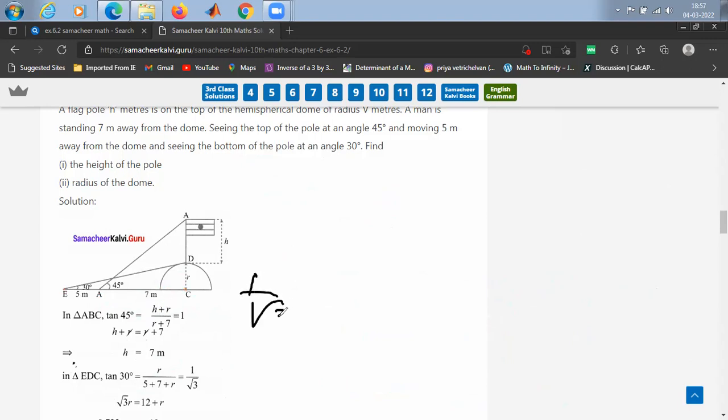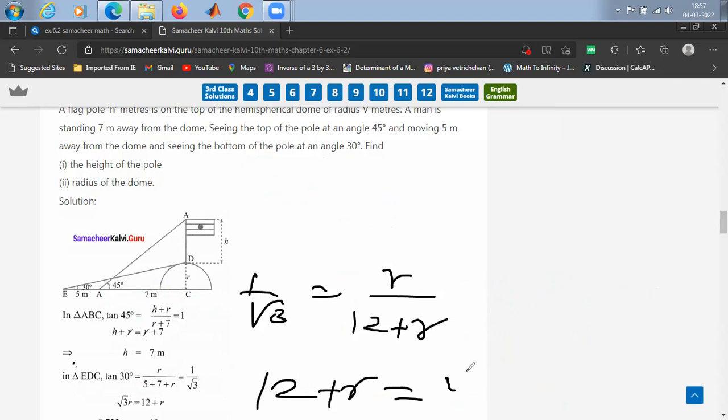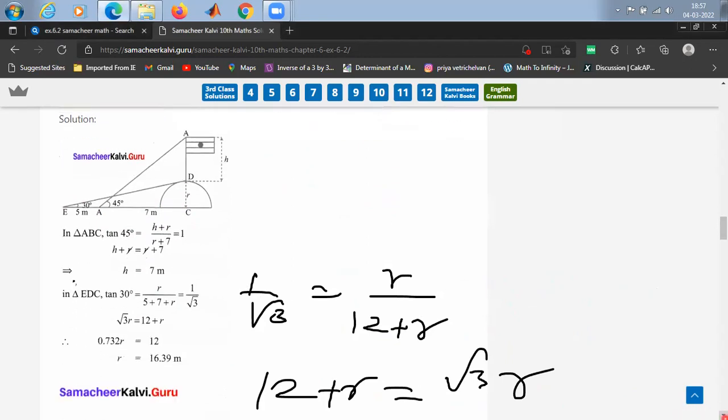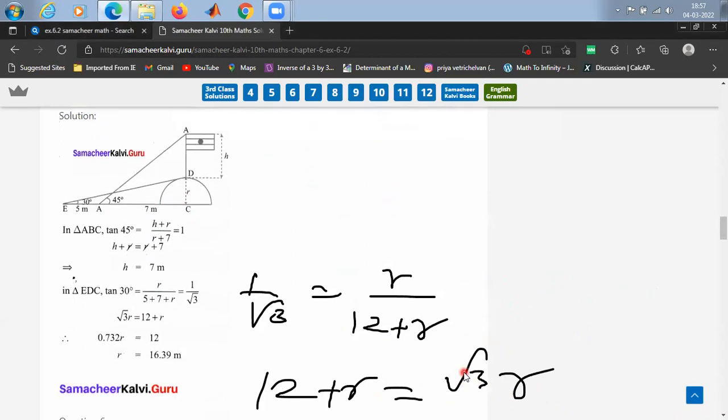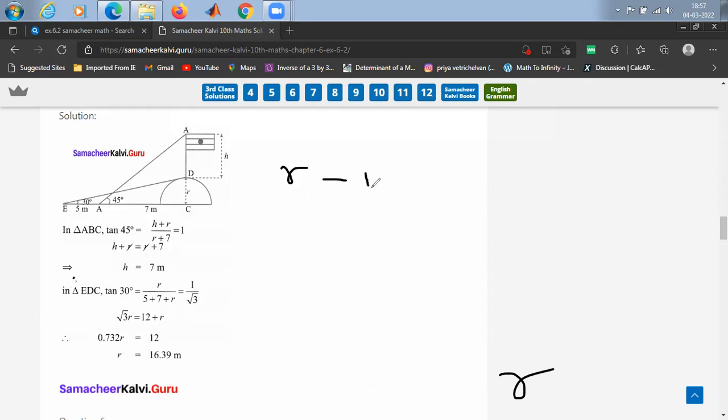So 1 upon root 3 is equal to R upon 12 plus R. So it's 12 plus R equal to root 3 into R. And you know the value of root 3, which is 1.732. Just substitute that. Okay, before that, take the R to the left hand side. R minus root 3R equal to 12.